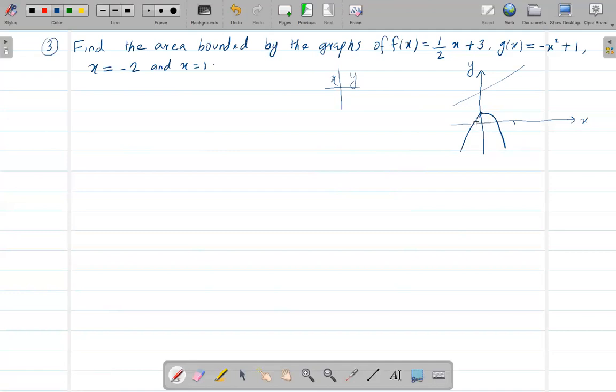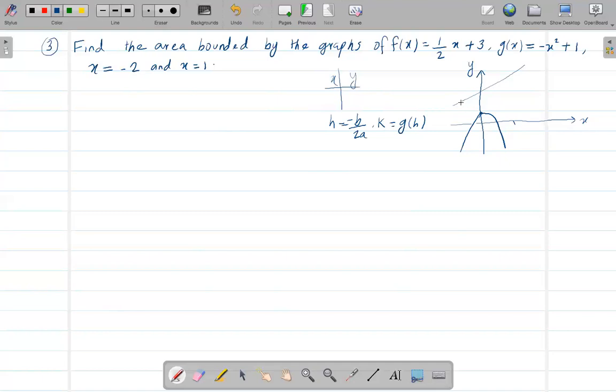I can find the vertex by using negative b over 2a, which is h, and k is whatever value you get from here, plug that value into g of x, so g of h. I did this in chapter 1, so please review that if you're still confused.